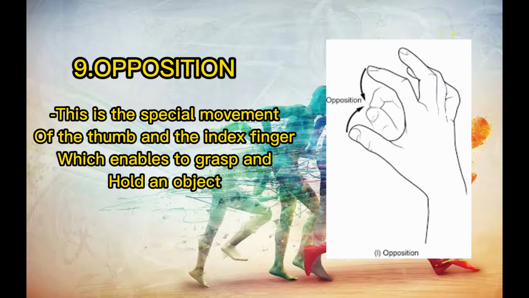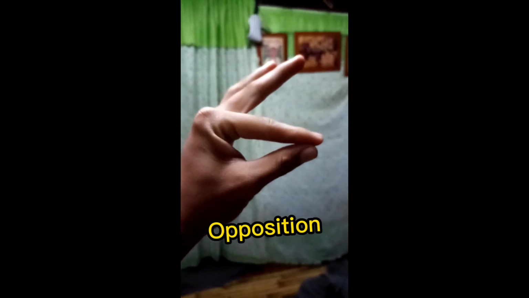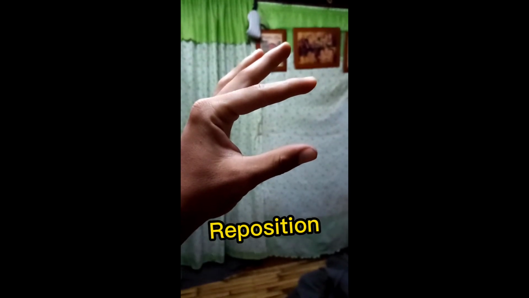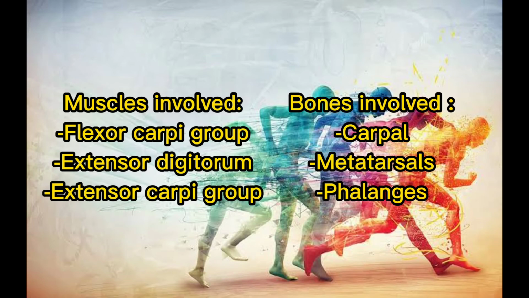This is the special movement of the thumb and the index finger which enables us to grasp and hold an object. Take note, opposition has an antagonist movement which is reposition. Muscles involved are flexor carpi group, extensor digitorum, extensor carpi group. Bones involved are carpals, metacarpals, phalanges.